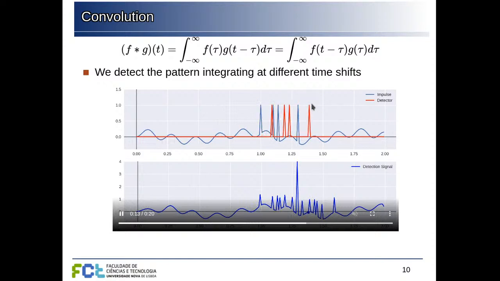We have this kernel for detecting that pattern. We are sliding it over the input, and this would be the feature map that we get at the output. It has the same size as the input, but it gives us the response of the kernel to each region of the input vector.